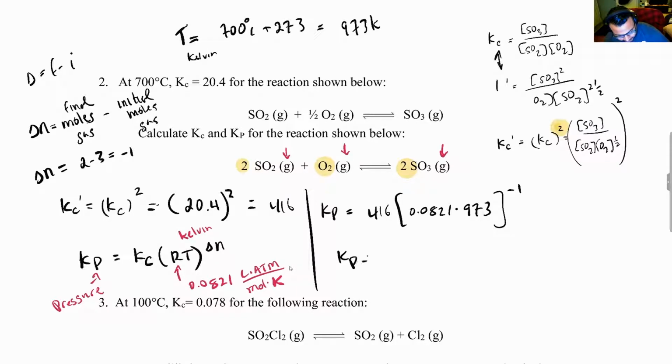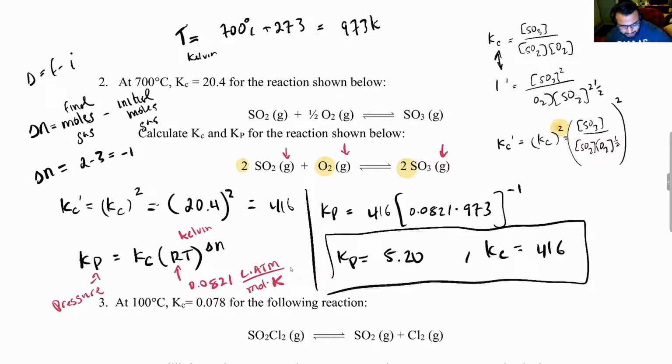So then our Kp, we just have to solve for that. That would be 416 times the quantity 0.0821 times 973 to the -1 power. And if we do that, we get a value of 5.20. Cool. So our Kp was equal to 5.20, and our Kc value we solved for was 416.